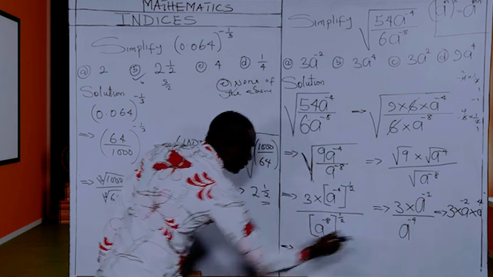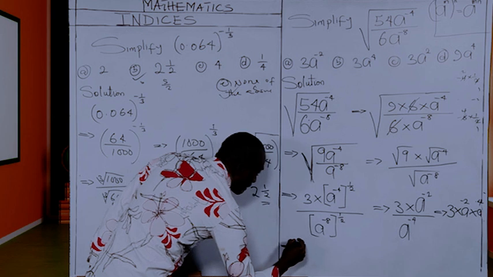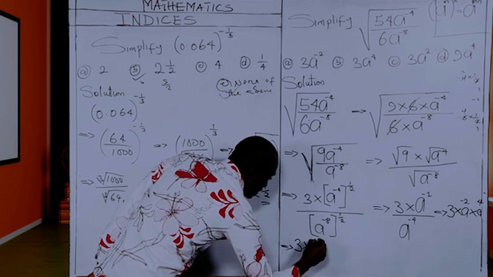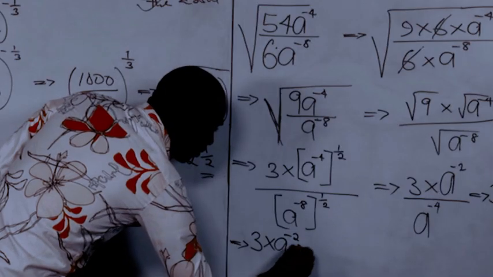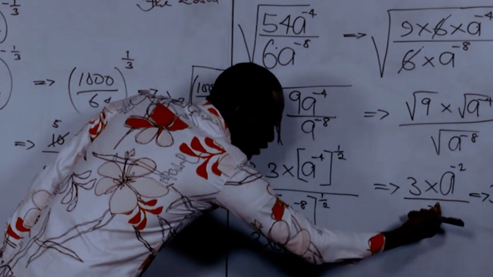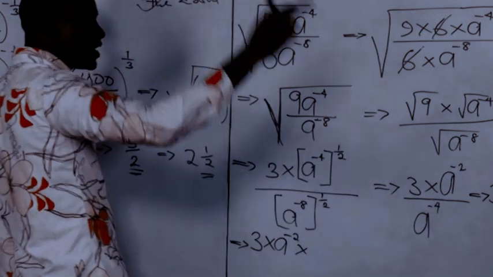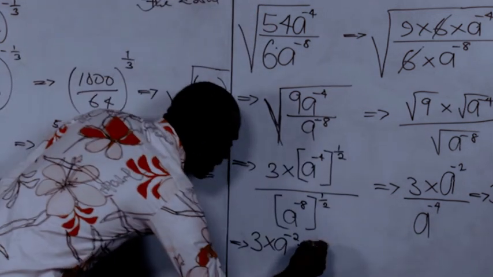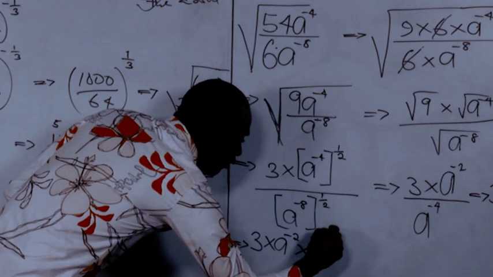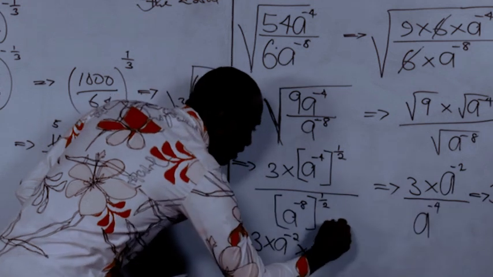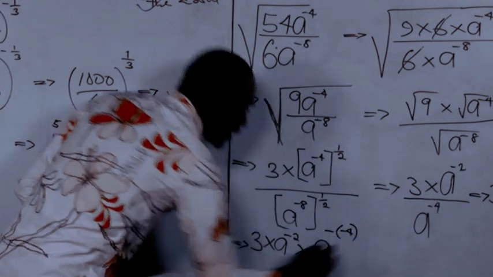From this place, this will give us 3 multiplied by a raised power minus 2 multiplied by a raised power minus 4 is coming up. Because it's coming up, we have minus already, and here we have minus 4 already there.